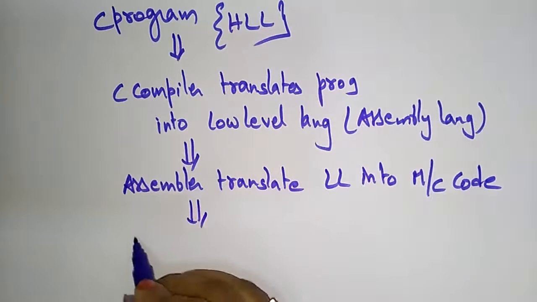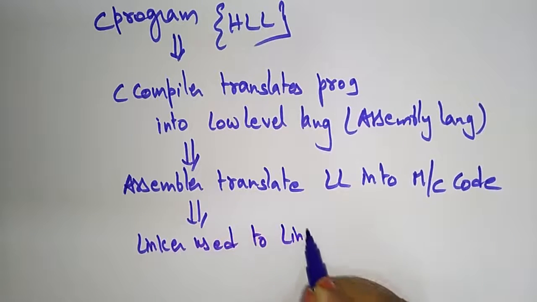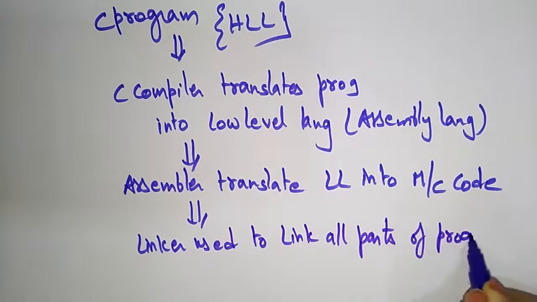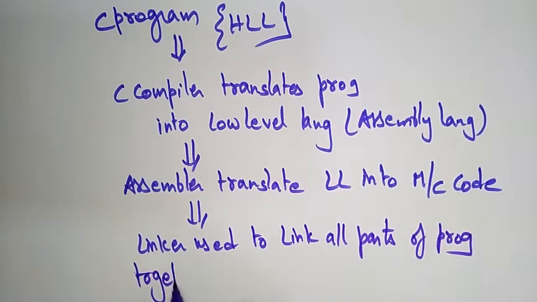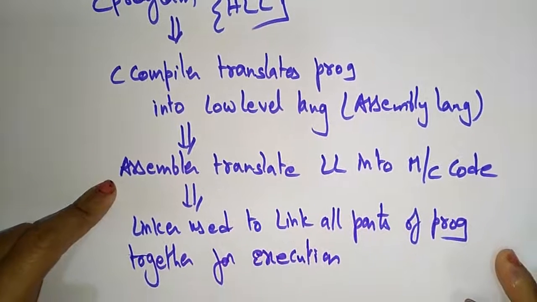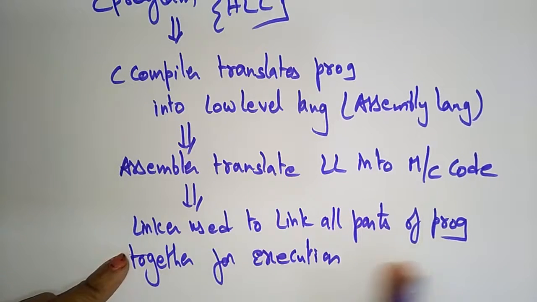After assembling, the linker is used to link all parts of the program together for execution. At the same time, the linker links library functions that have to be included. It gathers the code from the library functions and links the parts of the program together for execution.